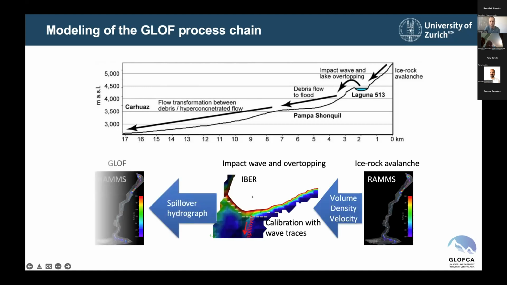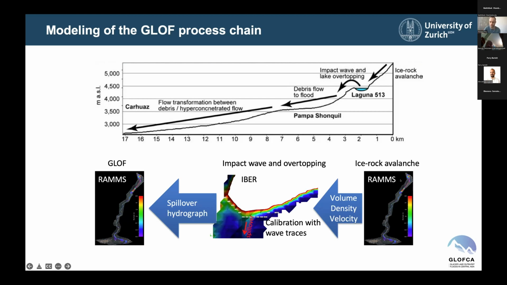And this is the modeling, how we did it. And this is exactly corresponding and very much in line with what Perry just said before. When we model process chains, what we also followed here is we try to model each process on its own and then have a moment of thinking and reflecting and take the outputs of the modeling into the next step process. So what we did here, we did a nice rock avalanche modeling with RAMMS.